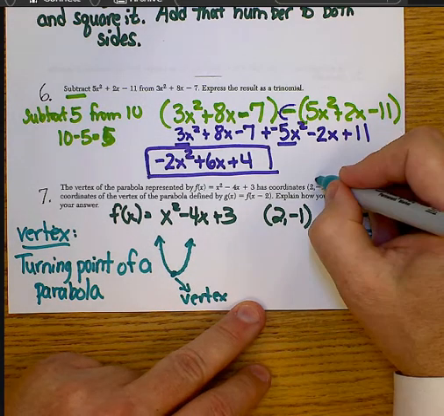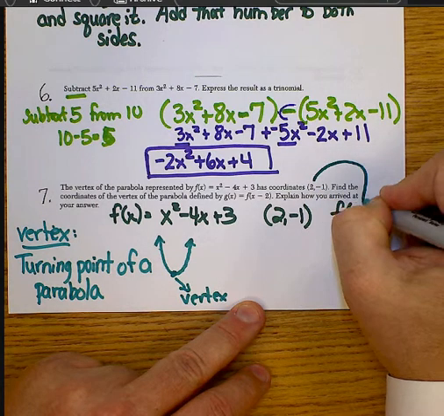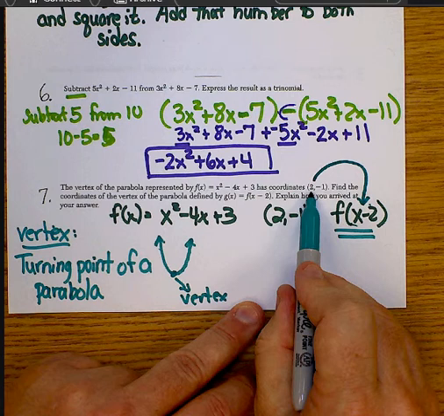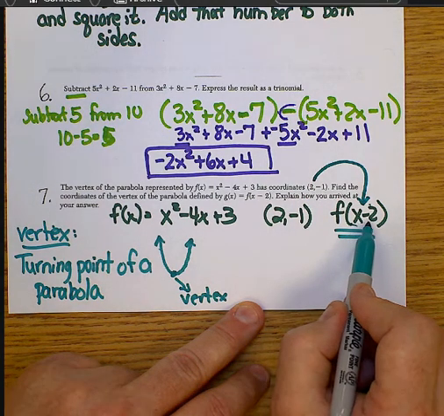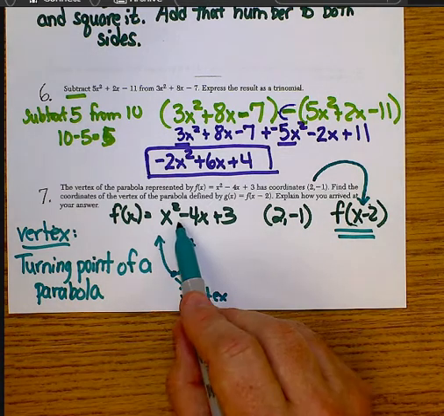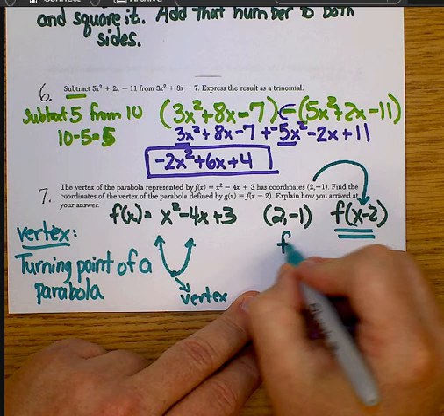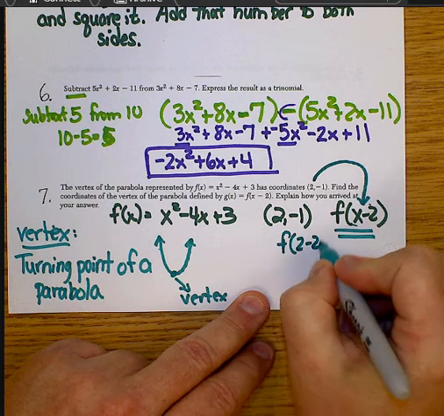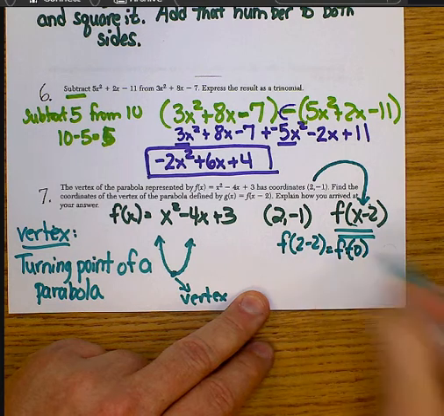So if you can just think about what they're asking you here, all we're doing is saying, okay, we're going to take the x coordinate and plug it in, and then we're going to subtract 2 from that. And then that will be the number we plug into here. So watch what happens. F of x minus 2 becomes f of 2 minus 2, which is f of 0.